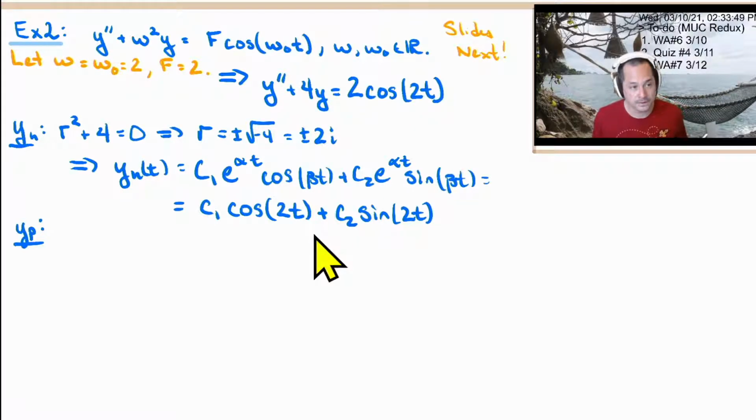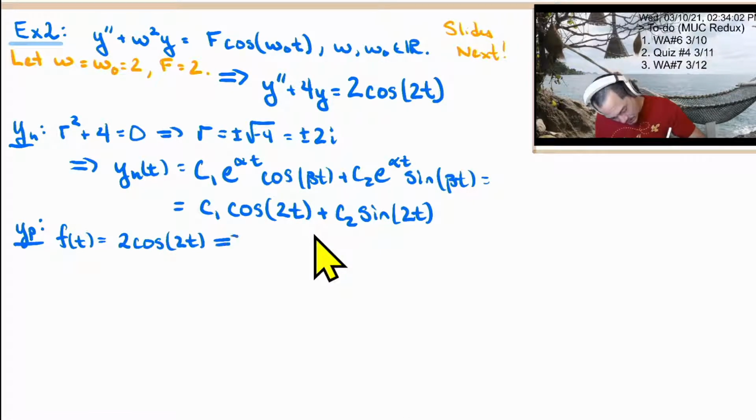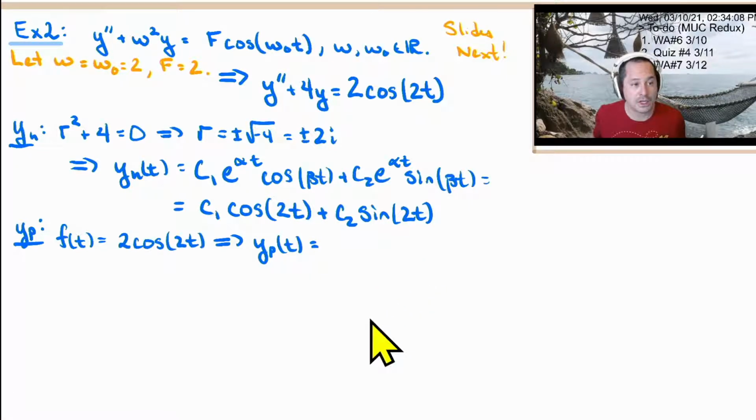The particular solution. My f of t is equal to 2 cosine 2t. Someone in chat tell me, based on our table from first order, what should I write down for my particular guess?